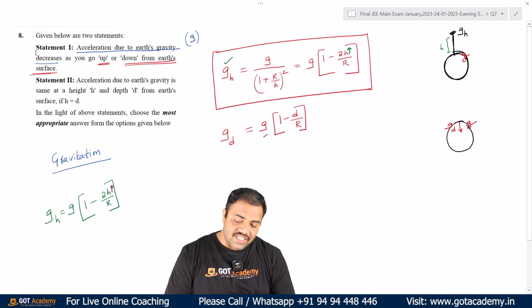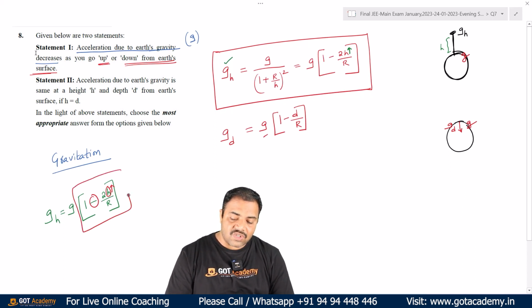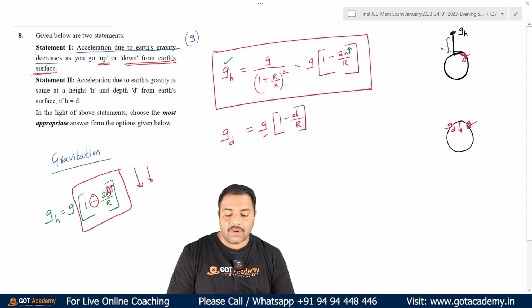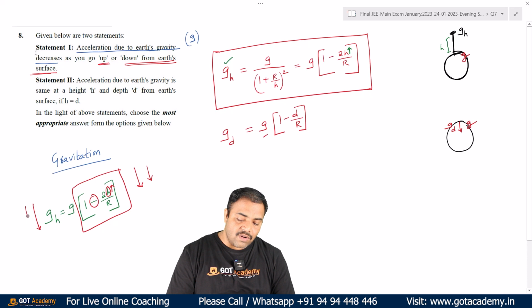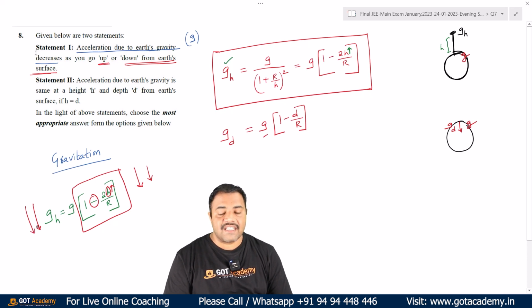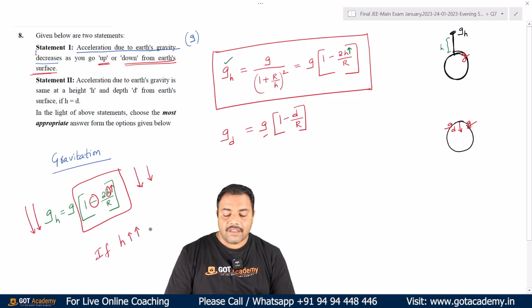If h is increasing here, the minus part is increasing. When the negative part is increasing, what happens? The whole result has to come down. That is, g_h has to decrease. So, from this, I can say that if h increases, then g_h has to reduce.